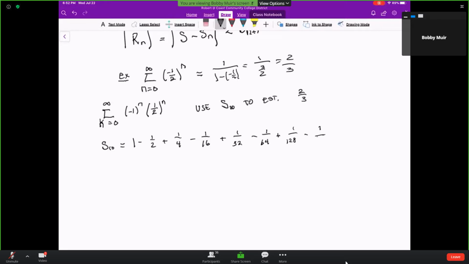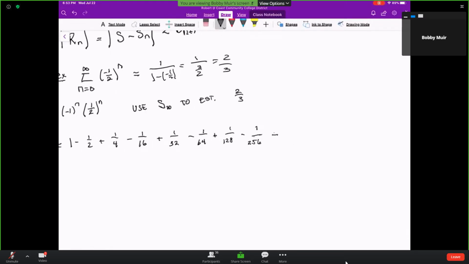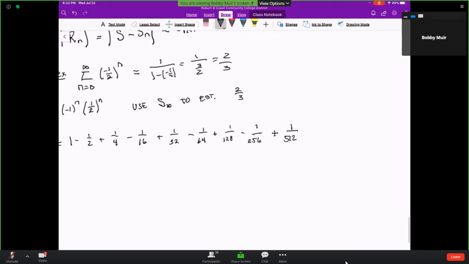Multiply that number by 2 and get what? 128 by 2 is 256. Then you multiply this number by 2, and it's going to be 512. 0, 1, 2, 3, 4, 5, 6, 7, 8.